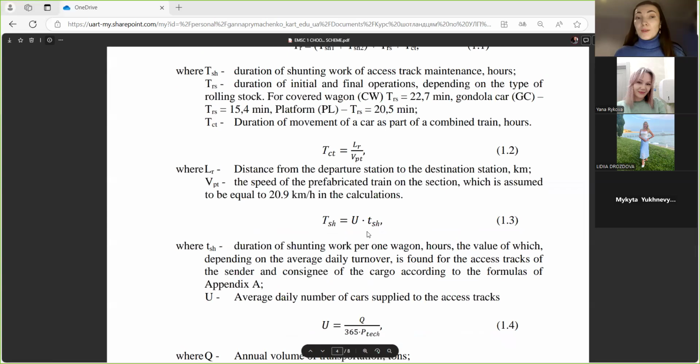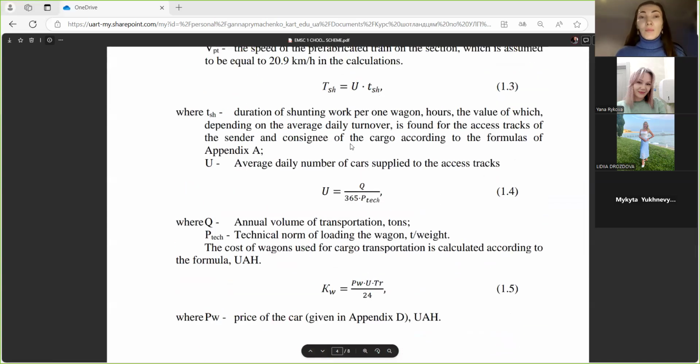And here, for calculating big T, the main time of our shunting work, we write it is equal to the number of wagons we supply to our station, U, multiplied by the sum of these 2 little times, TSH1 plus TSH2.